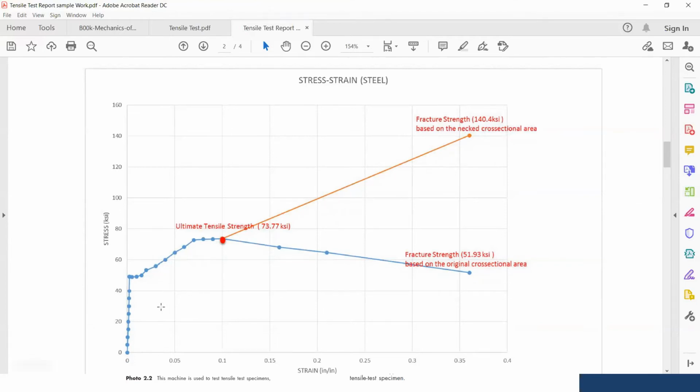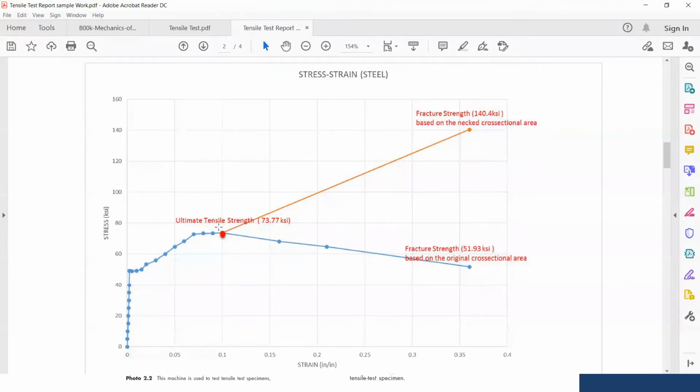The next section is the important turning points. Let's put it this way on the graph. I want to know what is the ultimate tensile strength of this material, and also the fracture strength. As I said at the beginning, if I'm designing this beam, girder, or elevator, whatever you're working on, I want to know when it will fail and when it will start to fail.